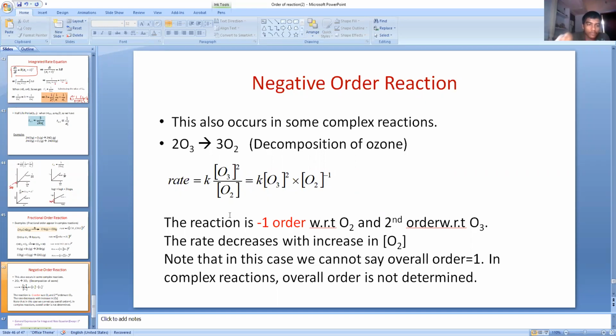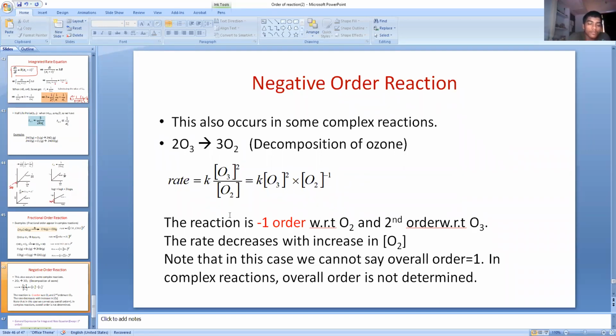The slope of the tangent at any point will give you the rate, except for zero order, which has only one rate, with a linear graph between concentration and time. Otherwise, in all others there will be a non-linear graph, and the slope of the tangent will give you the rate.